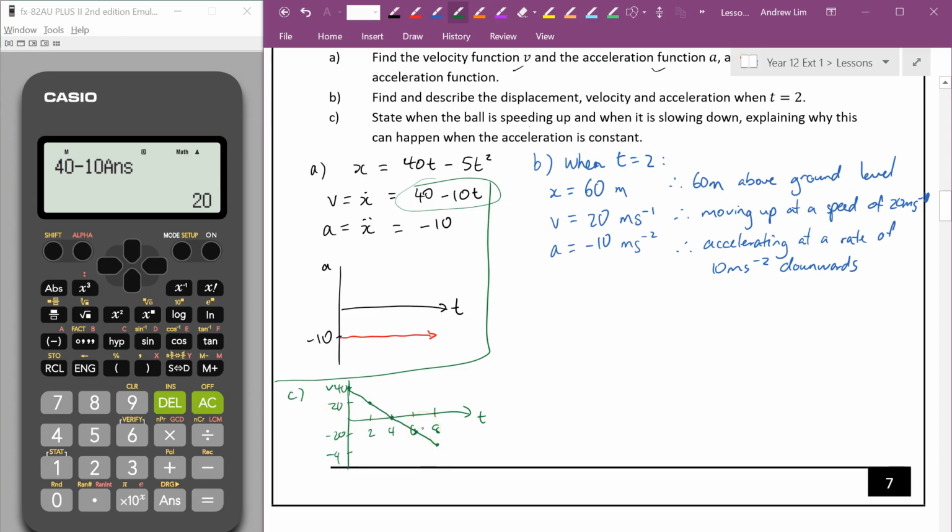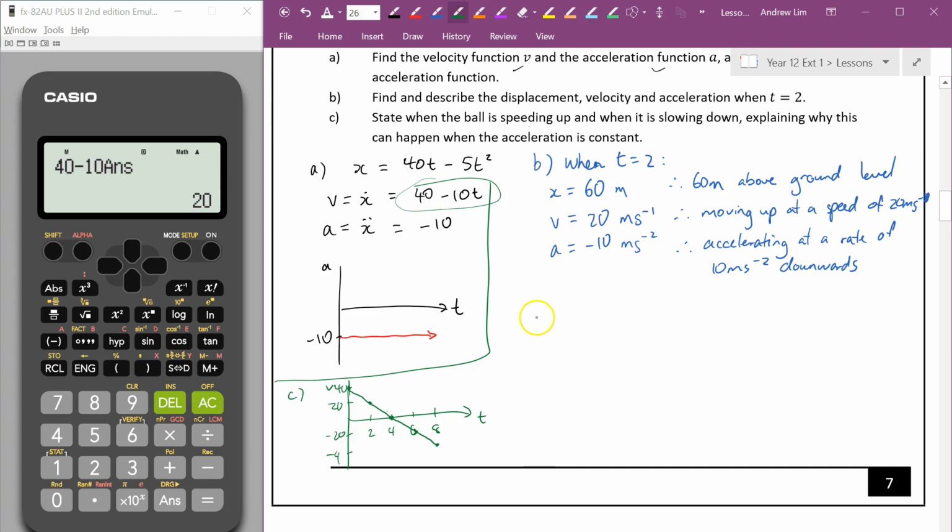So what you should realize is that even though this is above the t-axis, that means the ball is actually going up. It's going up, but it's slowing down because the velocity is slowing towards 0. Then it's going to speed up in a downwards direction.